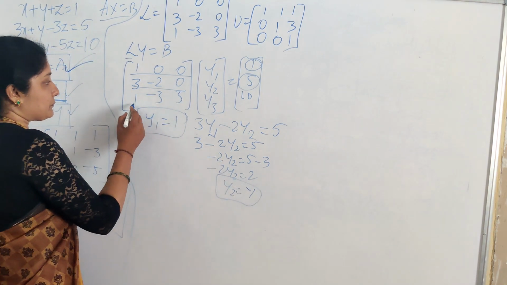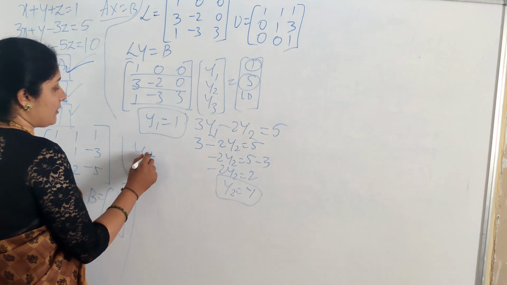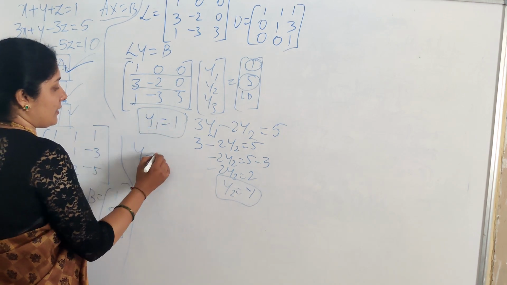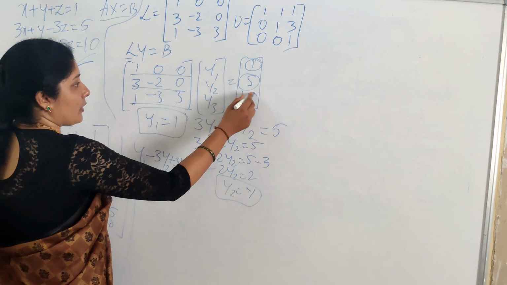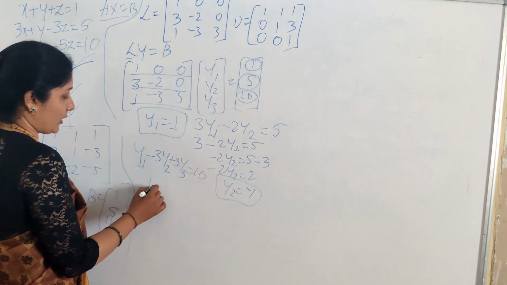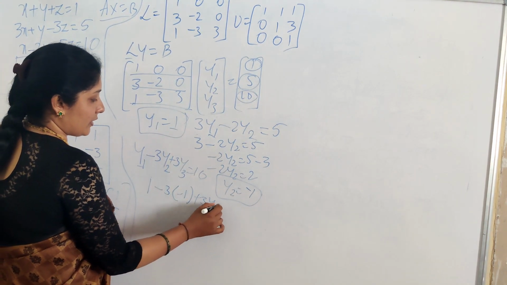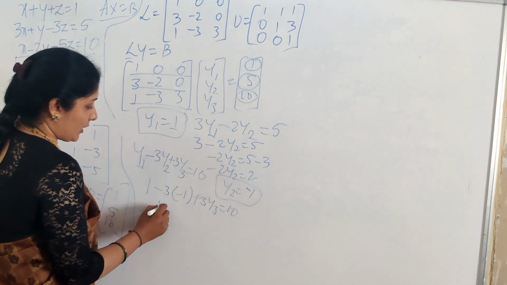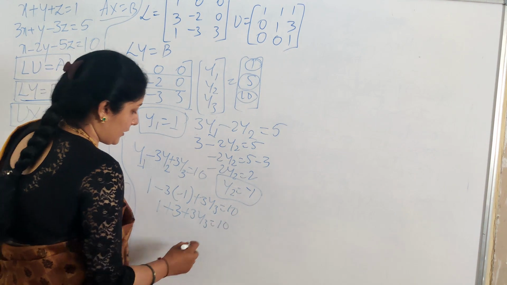Next, this one. Y1 minus 3Y2 plus 3Y3 is equal to 10. So Y1 1 minus 3 into Y2 minus 1 plus 3Y3 equal to 10. 1 plus 3 plus 3Y3 equal to 10.